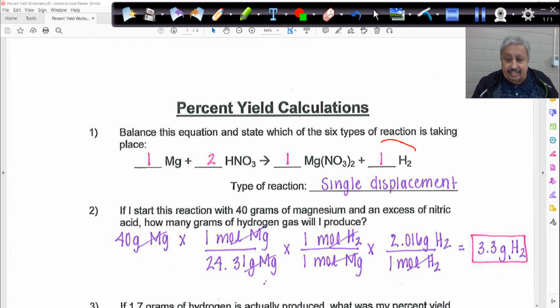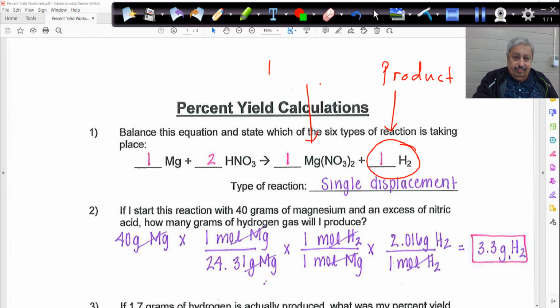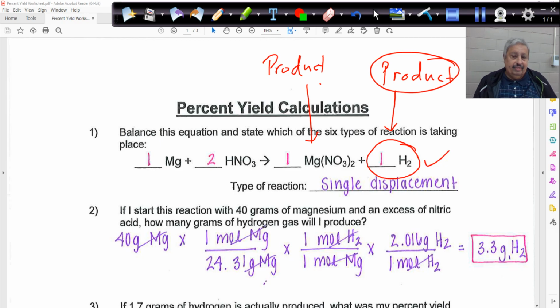They want to see how many grams of hydrogen is produced. The magnesium nitrate is a product too, but we are interested in this hydrogen, correct?